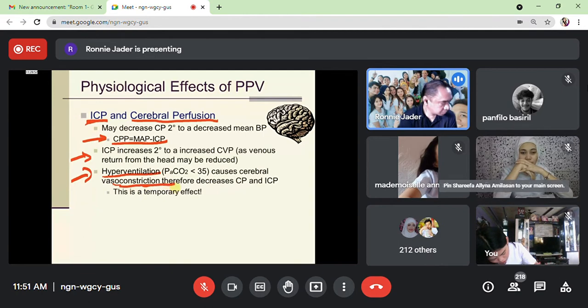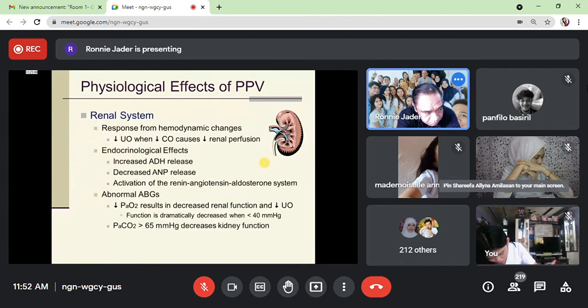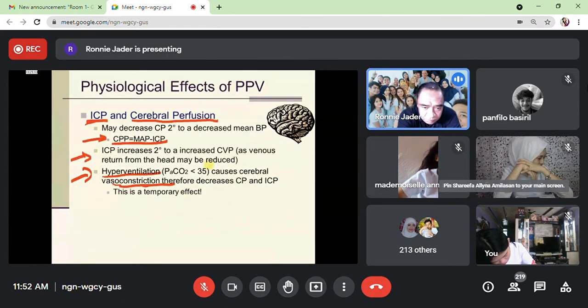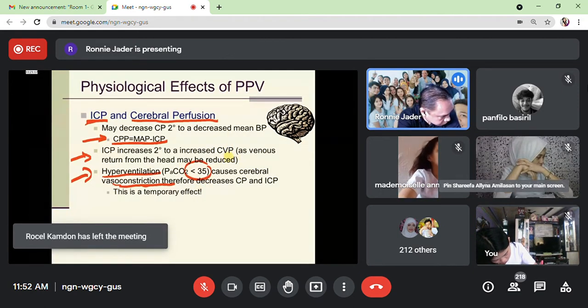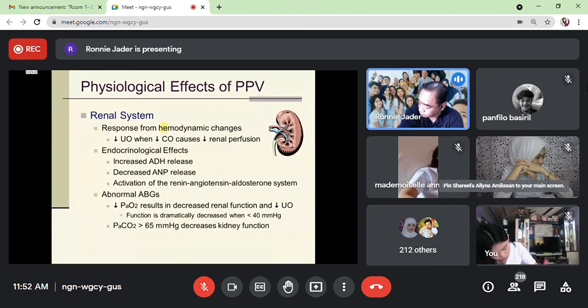The second one is when we have increased intrathoracic pressures, we decrease the blood returning from the brain, and that can reduce the overall pressure gradient, decreasing cerebral perfusion. Well, that's cool, but what does it mean for patients? Well, we're just going to limit both of these effects. We're going to limit hyperventilation, and we're going to limit the amount of pressure, if we can, in the thoracic cavity. Sometimes there's just nothing we can do about it. The patient will just have to survive.